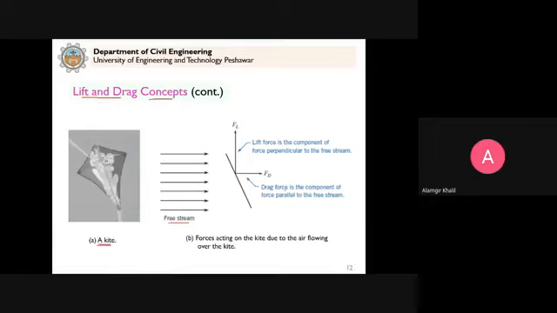So the drag force is the component of the force parallel to the free stream. You can see here that this FD is parallel to the free stream. So this type of force is known as drag force. These are the basic definitions of these two forces. Later on we will learn how to calculate them for different bodies.